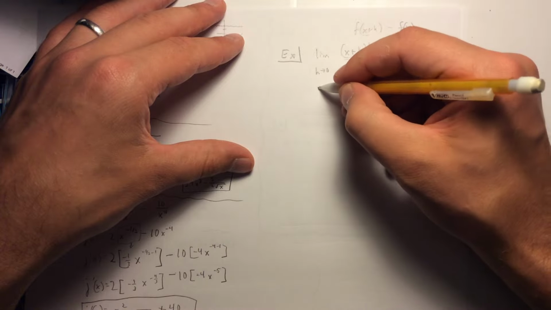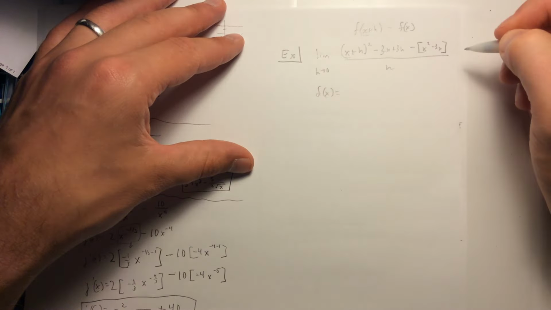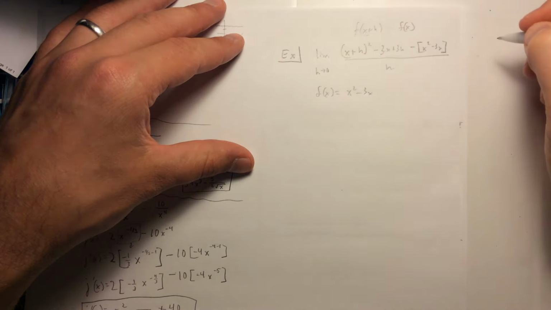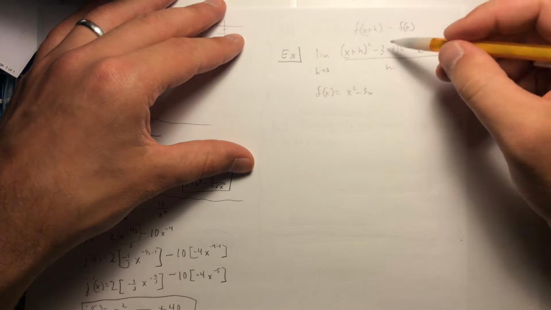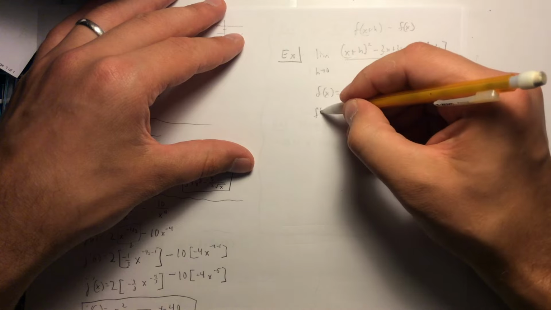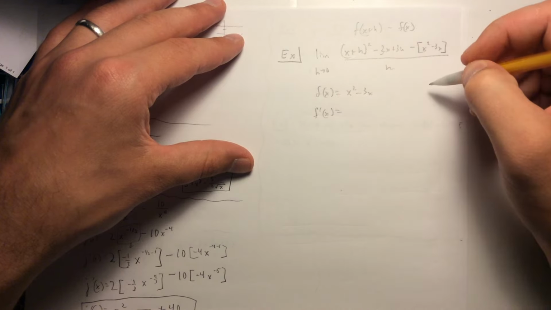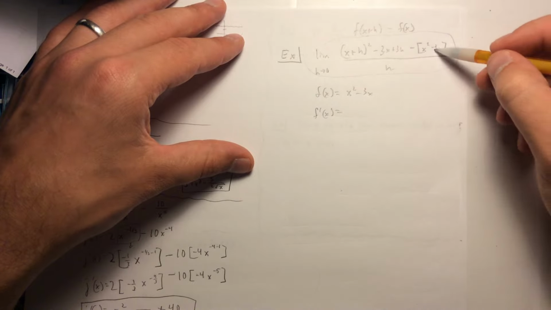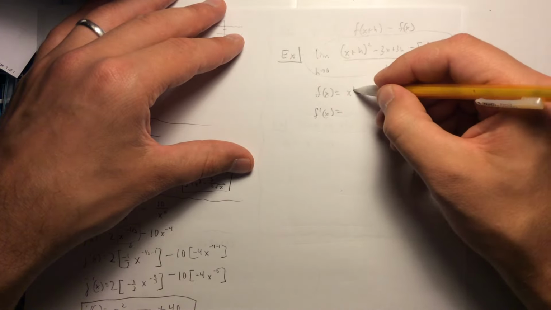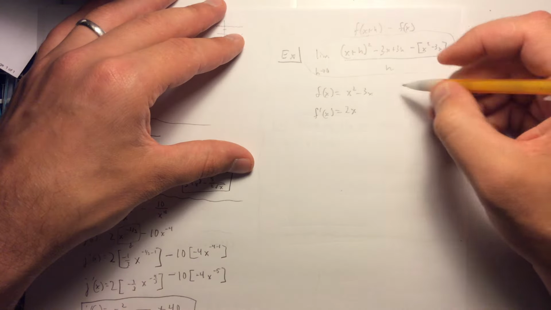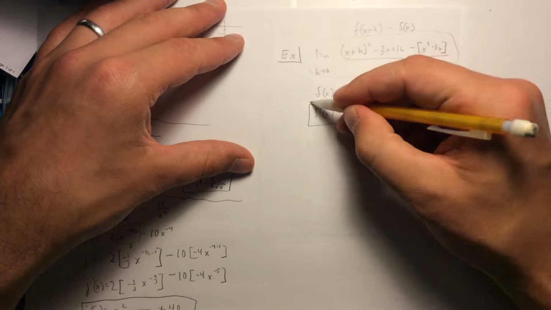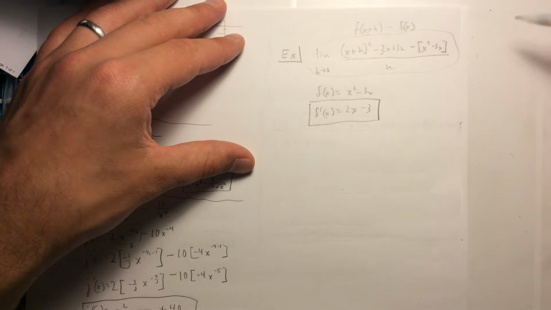F of x is x squared minus 3x. This is what we have to take the derivative of. F prime of x. This says take the derivative. That's all it says of that function. So the derivative of x squared is going to be 2x. The derivative of negative 3x is just minus 3. Boom. And you're done.